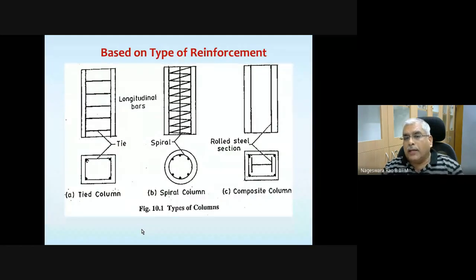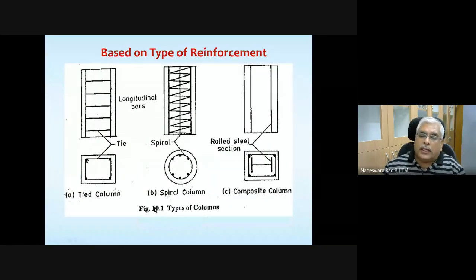And depending on the reinforcement, I told you the transverse reinforcement can be in the form of a tie, like this one, or you can have a spiral. You can see what is meant by a spiral here. It's starting here, and please note these ties are independent ones. Each of these ties is independent, whereas this spiral is continuous.